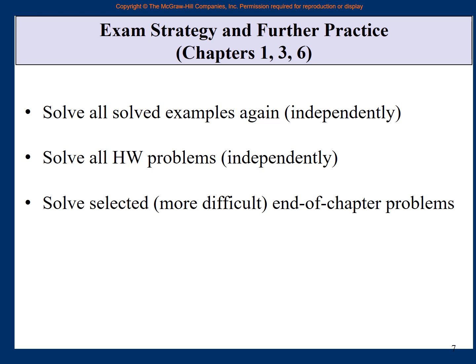But if you want to save time, then just read through the problems at the end of chapter 3 and chapter 6 and see which ones are more difficult for you. Just solve a few very difficult ones which were not there in the homework. Now you are sure that I have done all the examples again, I have done all the homework problems again, and I have solved a few very tough problems also. So now I am A material.